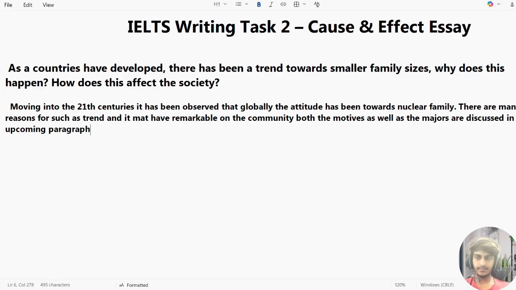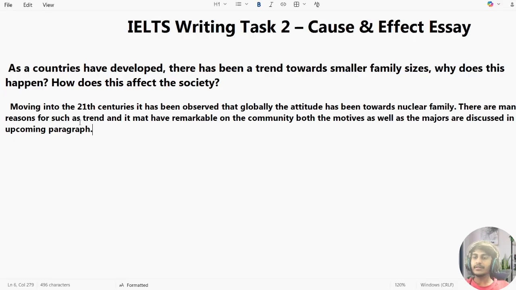Alright, moving into the 21st century, it has been observed that globally the attitude has been towards a nuclear family.